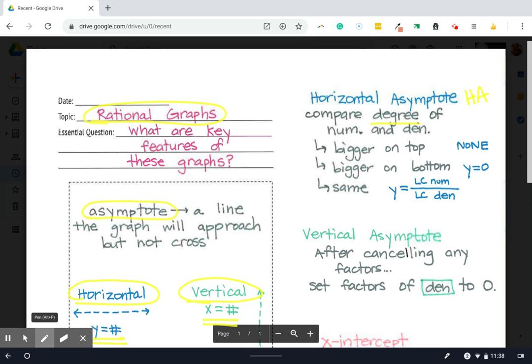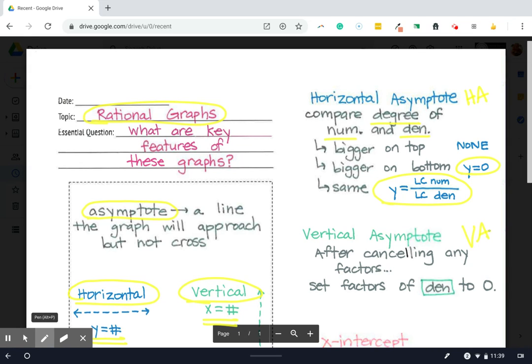If we're bigger on top, there's no horizontal asymptote. If we're bigger on the bottom, we write y equals 0. And if we're exactly the same, we make a fraction out of their leading coefficients, which is just the first number in each one. So that's how I do horizontal asymptote.